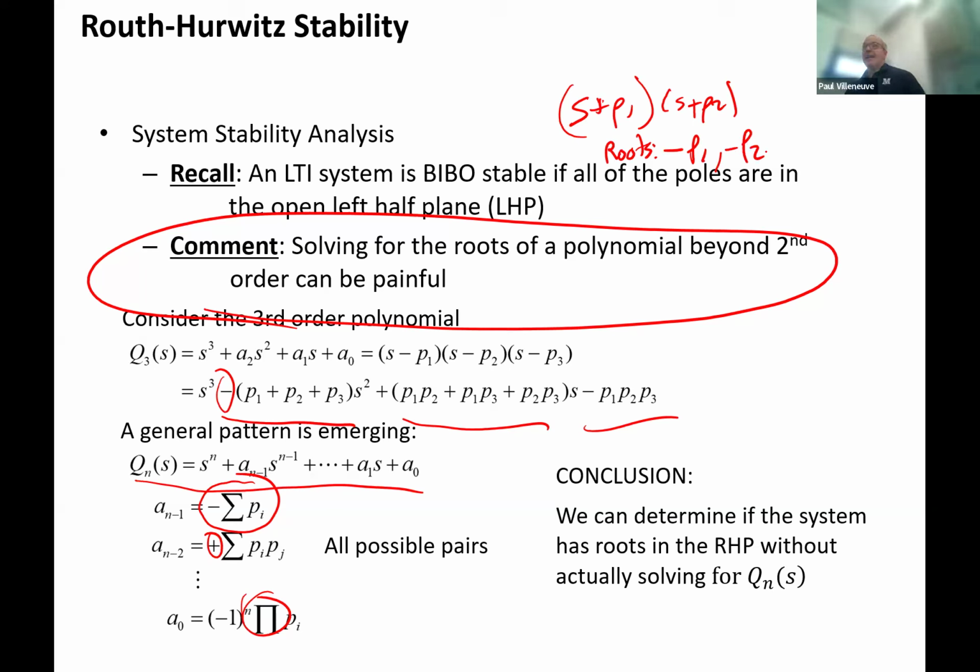Everybody agree? If it's in the left-hand half plane, we know that p1 and p2 have to be positive numbers. What happens over here? The sum of p1 and p2 is a positive number, right? That's a negative up front, but doesn't that become p1 plus p2?